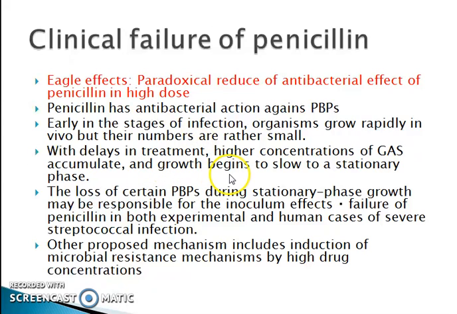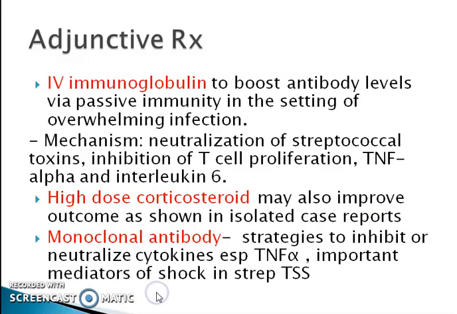With delays in treatment, higher concentrations of group A streptococci accumulate and growth begins to slow to a stationary phase, and the loss of certain PBPs during stationary phase growth may be responsible for the inoculum effect. Failure of penicillin in both experimental and human cases of severe streptococcal infection will complicate the condition. Other proposed mechanisms include induction of microbial resistance mechanisms by high drug concentration.